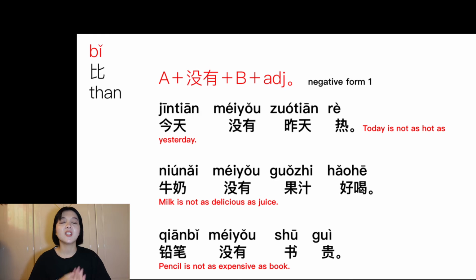Second sentence, 牛奶没有果汁好喝. 牛奶 means milk. 果汁 juice. 牛奶没有果汁好喝 means milk is not as delicious as juice. Means juice tastes better.